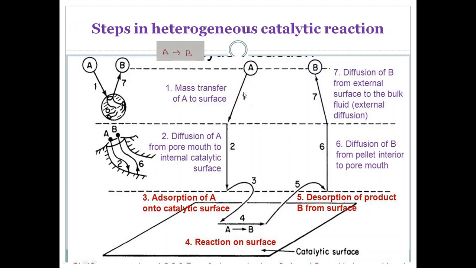So there are 1, 2, 3, 4, 5, 6, 7 steps in any heterogeneous catalytic reaction. And in this case, the reaction is equimolar. If it is A to 2B, that will be non-equimolar, or 2A to B, then also it will be non-equimolar. But among the 7 steps, you see only step 4 is the reaction, related to your reaction engineering.